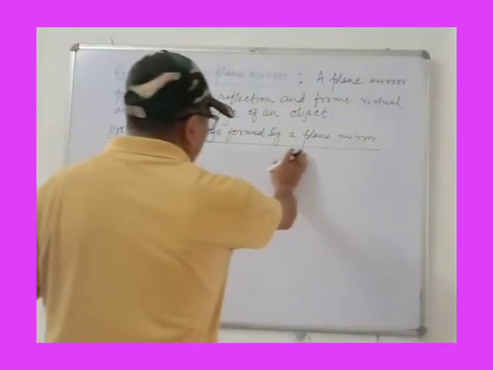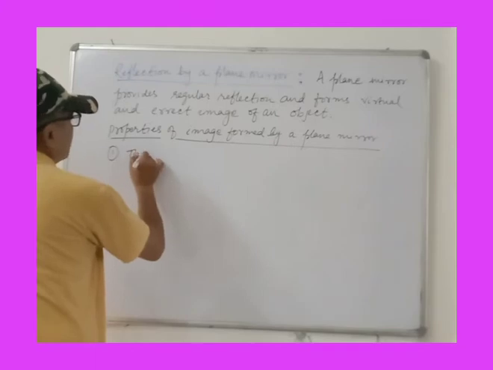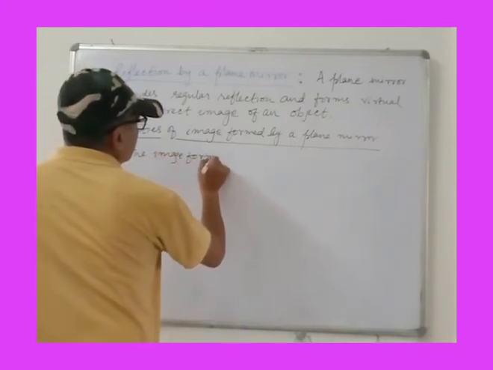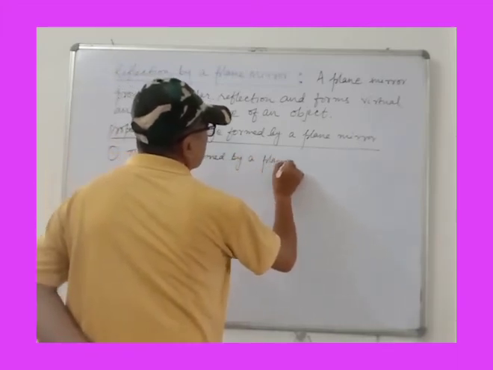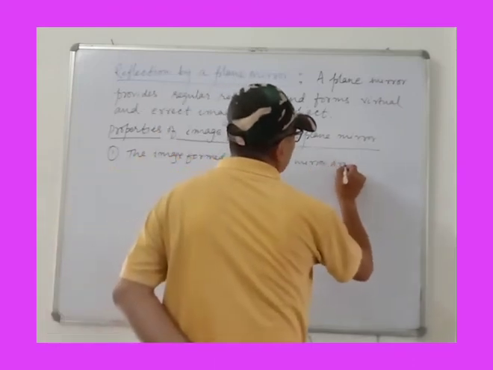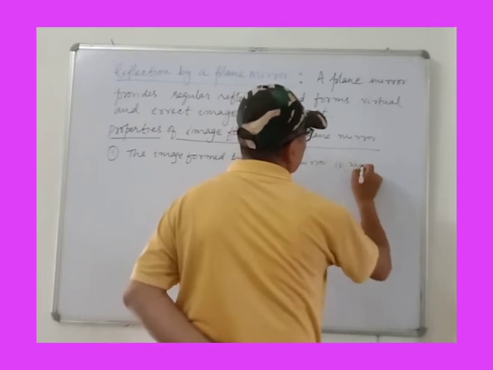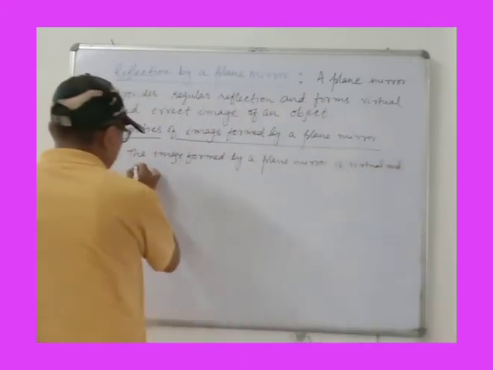Properties of image formed by a plane mirror. What are the properties? Number 1, the image formed by a plane mirror is virtual and erect.